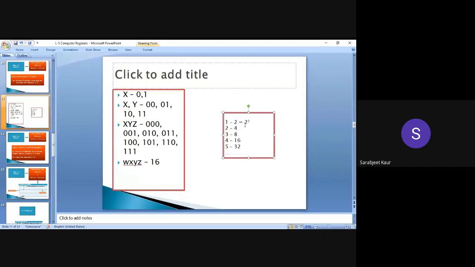Yes, this is 2 raised to the power of 1. Now, in the second case, 4 is nothing but 2 raised to the power of 2.